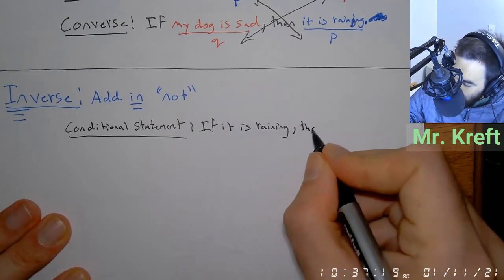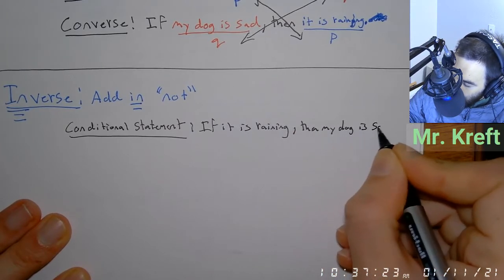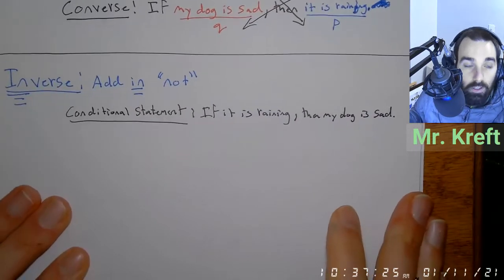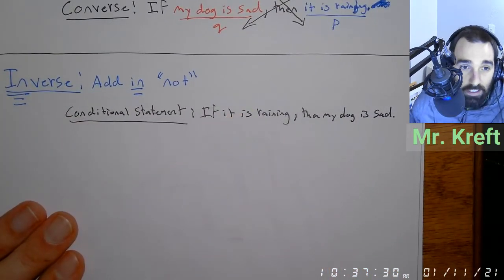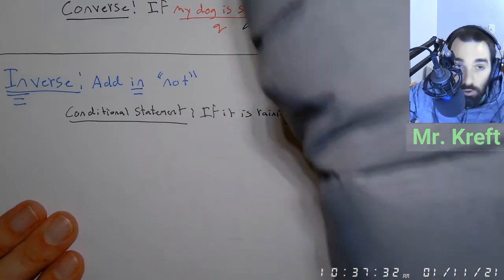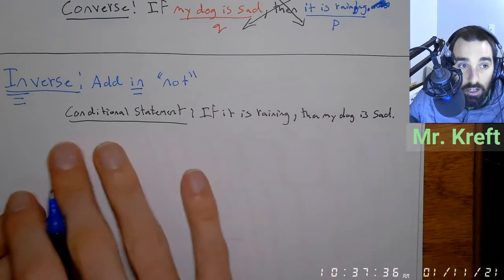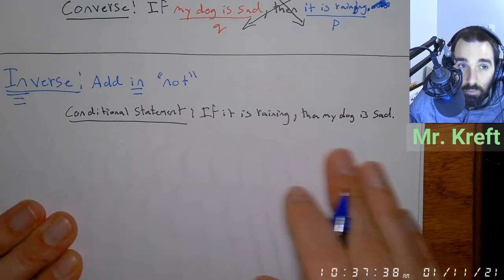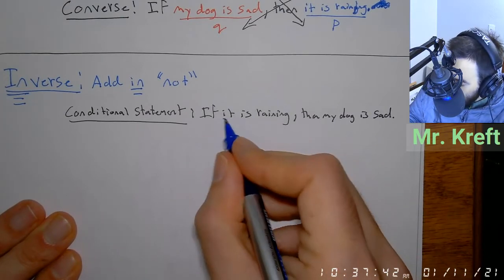So again, the first thing I'm going to do is identify my hypothesis and my conclusion of my original statement. So this is my original statement. I'm going to underline the hypothesis.